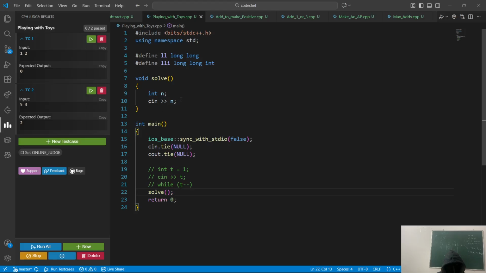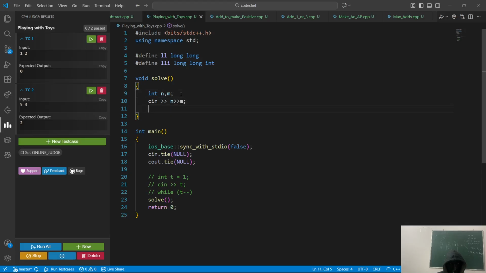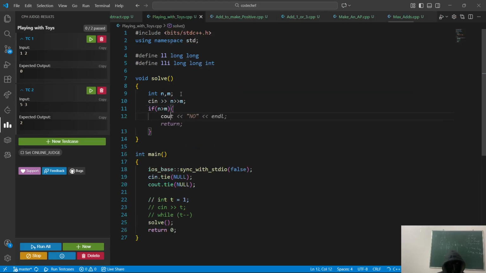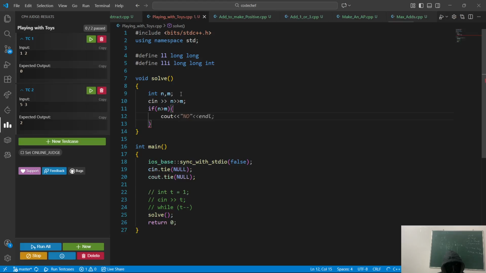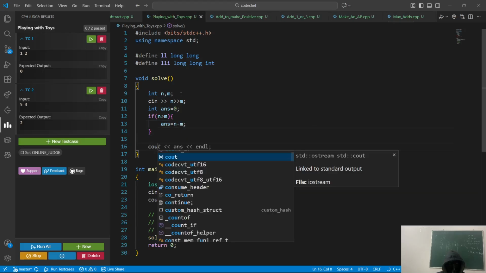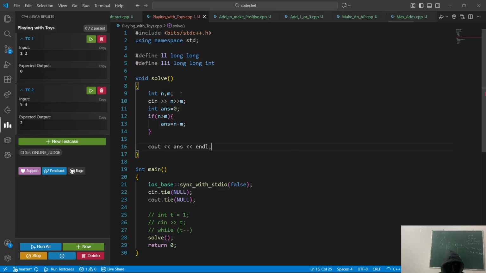We are calling a function solve in which we take n and m. Now we have to check if the number of toys is greater than m. Let's take one variable, answer, which is initially 0. If n is greater than m, which means the number of toys is greater than the number of days, then n minus m is the answer. When we come out of the if condition, we display the answer.